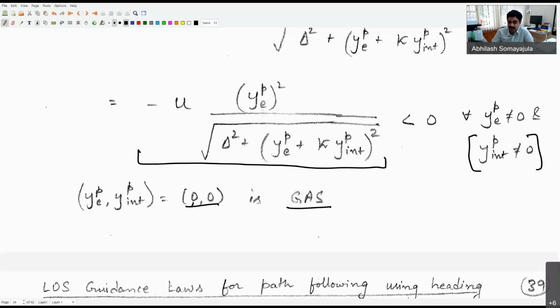For any YP int not equal to 0, the system will not stay on that invariant set, so it'll move away. So rendering the fact that there is only one equilibrium point, which is YPE equal to 0 and YP int equal to 0. But you're right. YP int equal to 0 is not required here. So this will be the only stable equilibrium, the only equilibrium point which you will have.